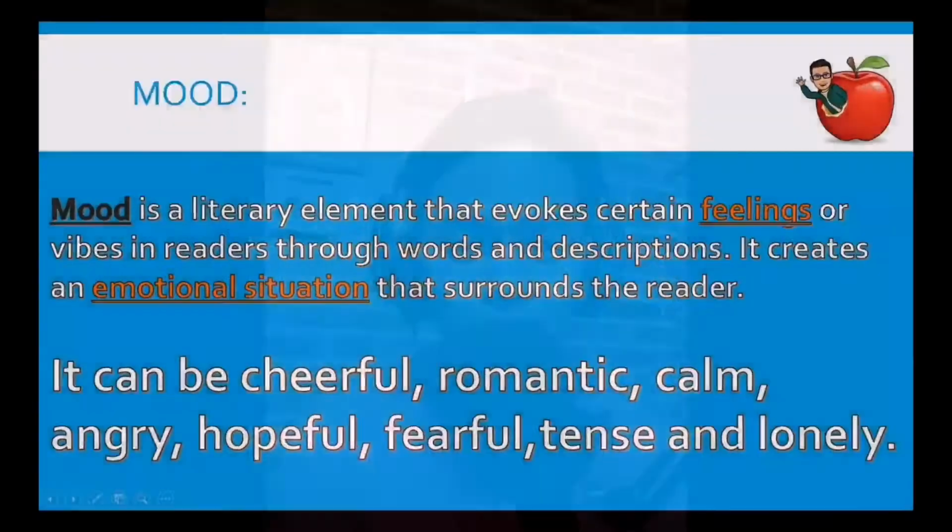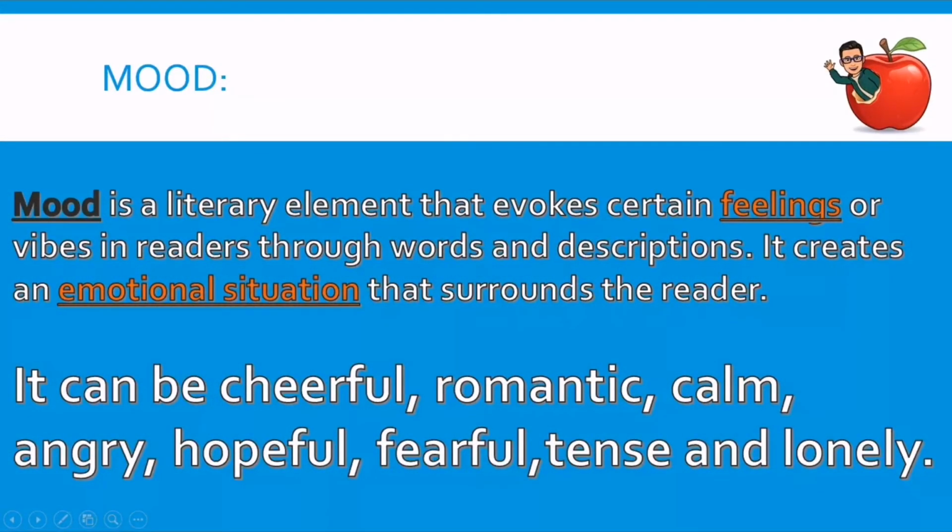What is the mood in a composition or literary piece? Mood is a literary element that evokes certain feelings. If the tone earlier is associated with the attitude of the author, here the mood is associated with certain feelings or vibes in readers through words and descriptions.